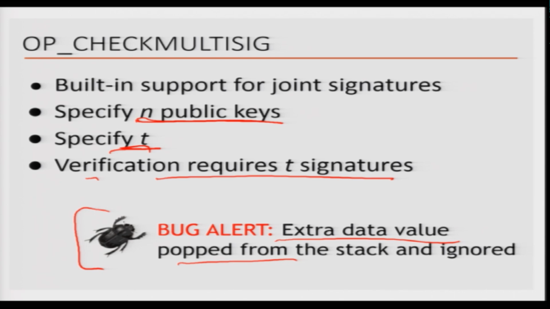But in this case they unnecessarily pop another extra value, and therefore, when you write your script, you have to add, that is repeat, that data value that gets unnecessarily popped, which is an annoyance, but it can be done.